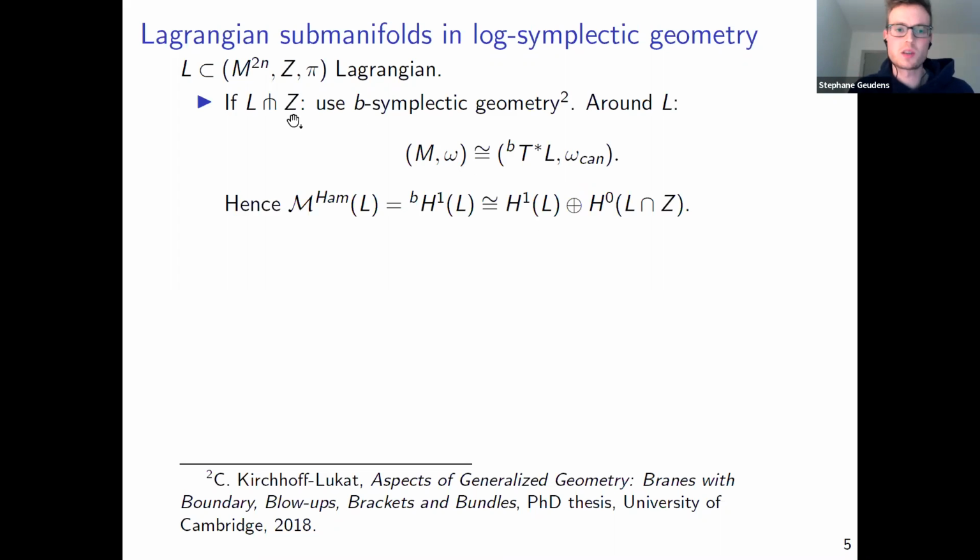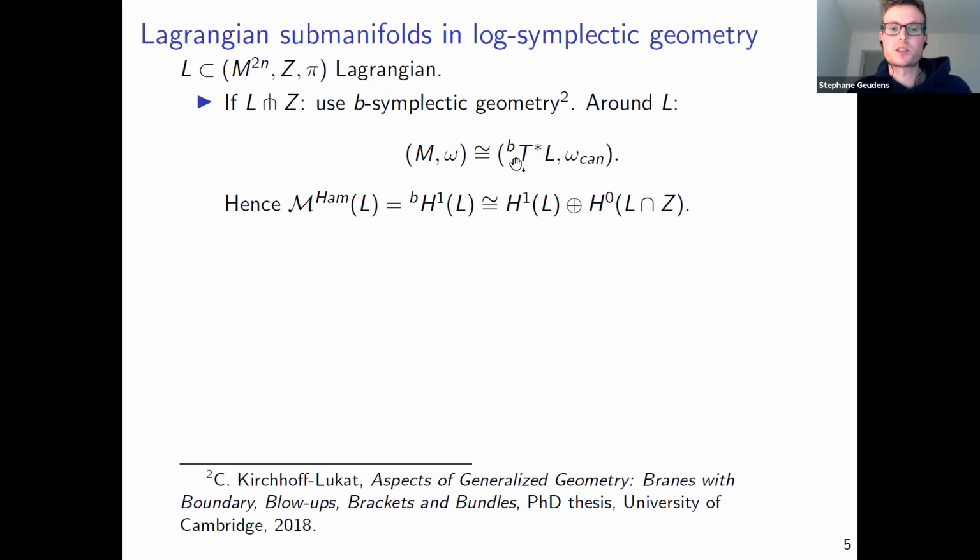The simplest case would be to ask that the Lagrangian is transverse to Z. This case is already treated in the thesis of Charlotte Kirchhoff-Lukat. It is the easiest case because you can use B-symplectic geometry, which basically reduces it to symplectic geometry.